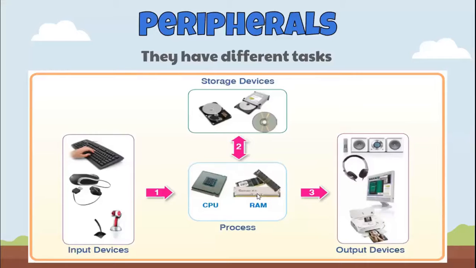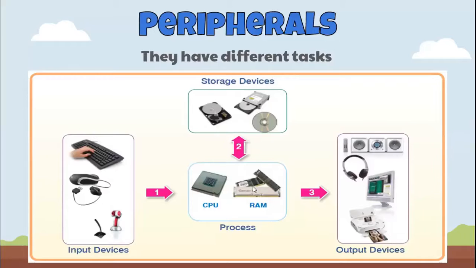There is some deeper information, you can understand it here. And the second way, after processing that very quickly, it's going to storage devices temporarily or permanently. It's going temporarily inside of CPU and RAM, and after that, if you want to save or store your information, it's going to the hard drive or CD-ROM drive, and on a CD you can save it.